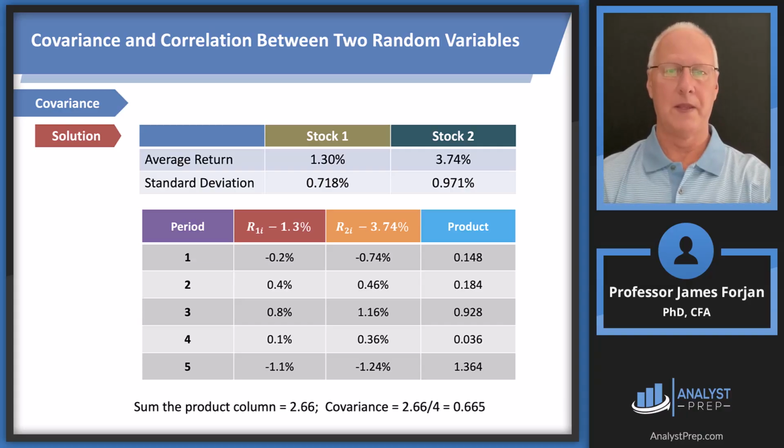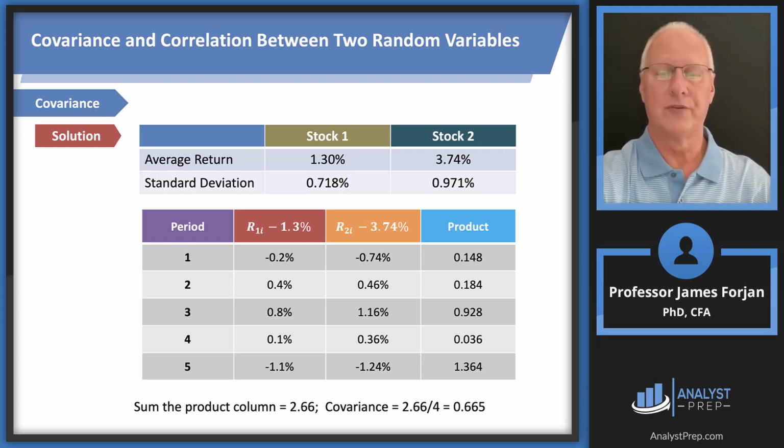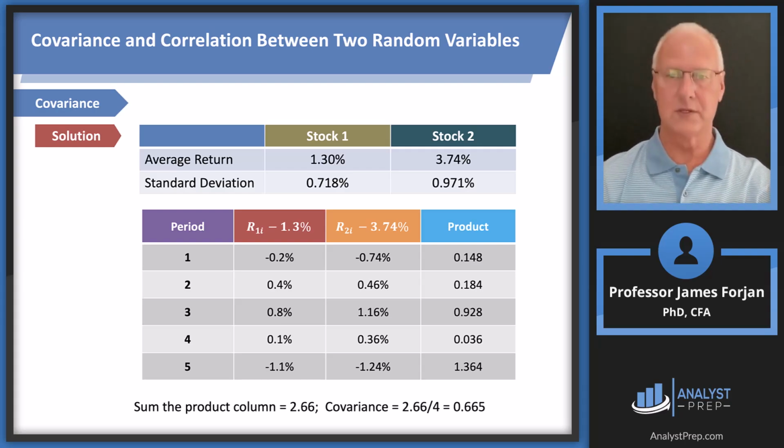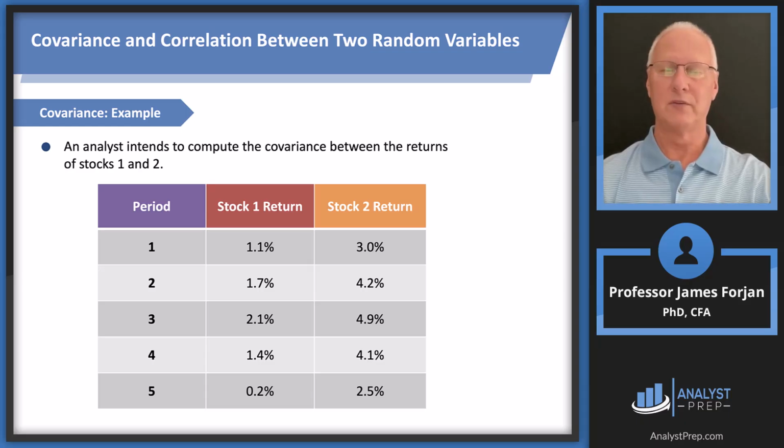Now, notice up in the top box, I have the average return and the standard deviation of the return for stocks 1 and 2. So let me show you how to do this in a super fast way on the 12C. And by the way, I'm doing some artificial intelligence stuff in my class.